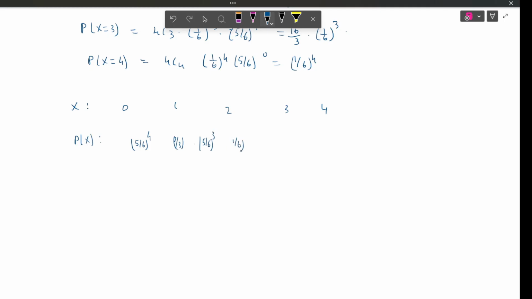This is 1 by 6 multiplied with 5 by 6 square. This is 10 by 3 multiplied with 1 by 6 cube. This is 1 by 6 to the power 4. Okay. So this is power 4. This is power 3.